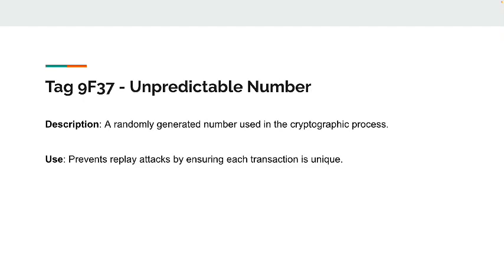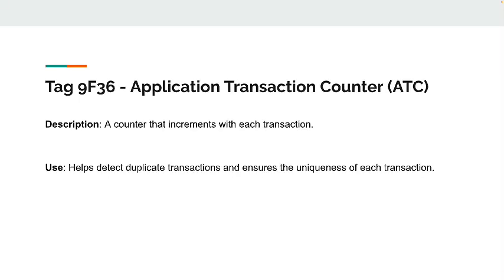We have 9F37, unpredictable number. Like you said, this is used to prevent relay attacks, to be sure that the transaction is unique, right? Application transaction counter, ATC, increases with each transaction, right? It helps detect duplicate transactions and ensure the uniqueness of the transaction.